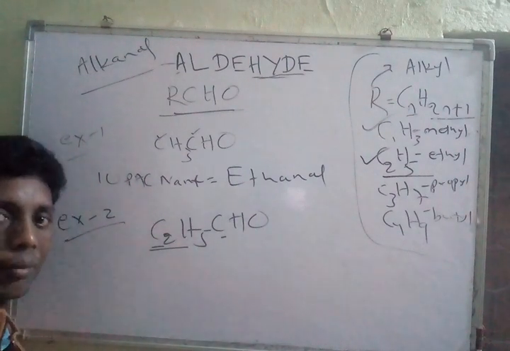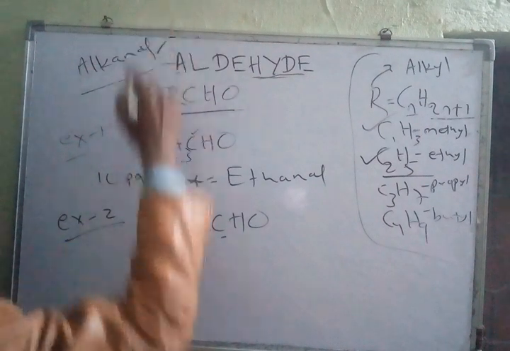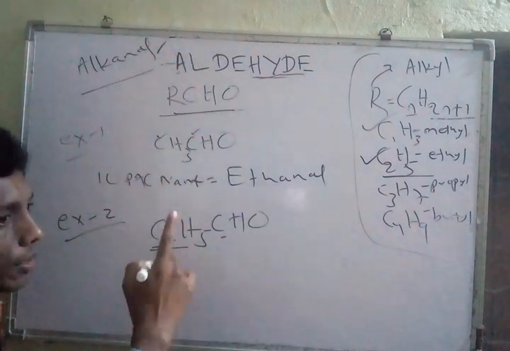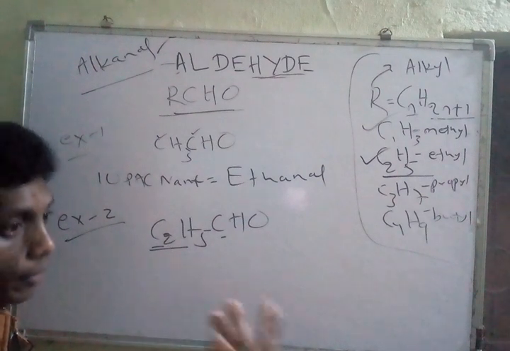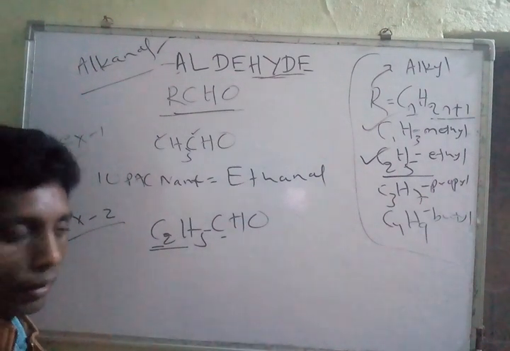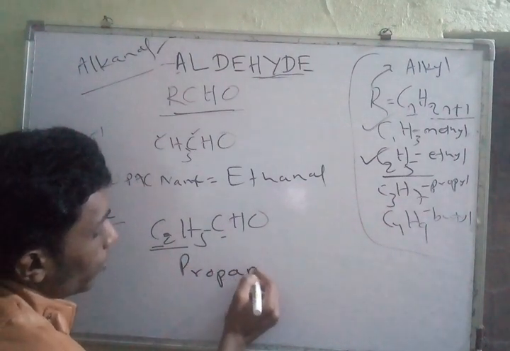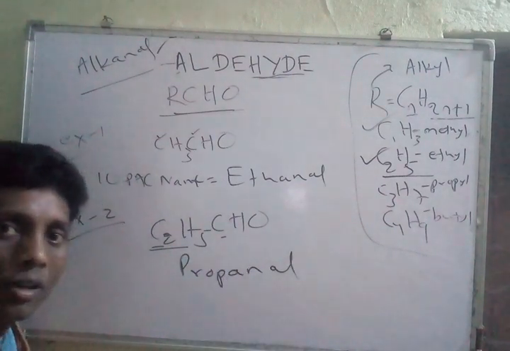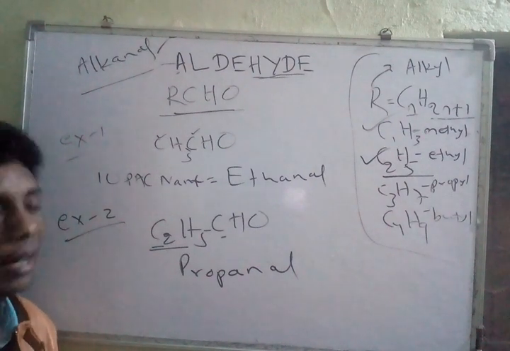There are three carbon atoms in this compound. According to alkanal, three carbons is propane: methane, ethane, propane. That is why it is propanal. Clear? So thus we can name any compound of the aldehyde.